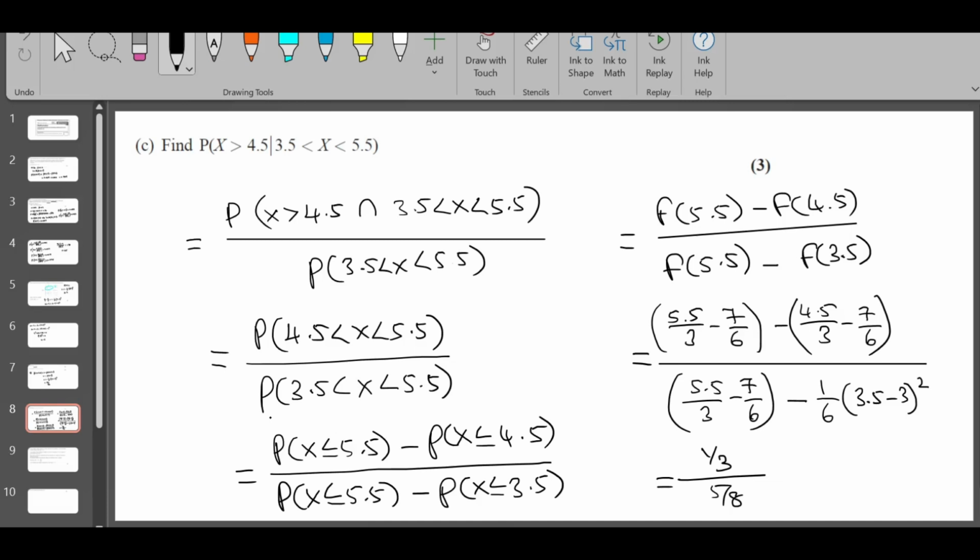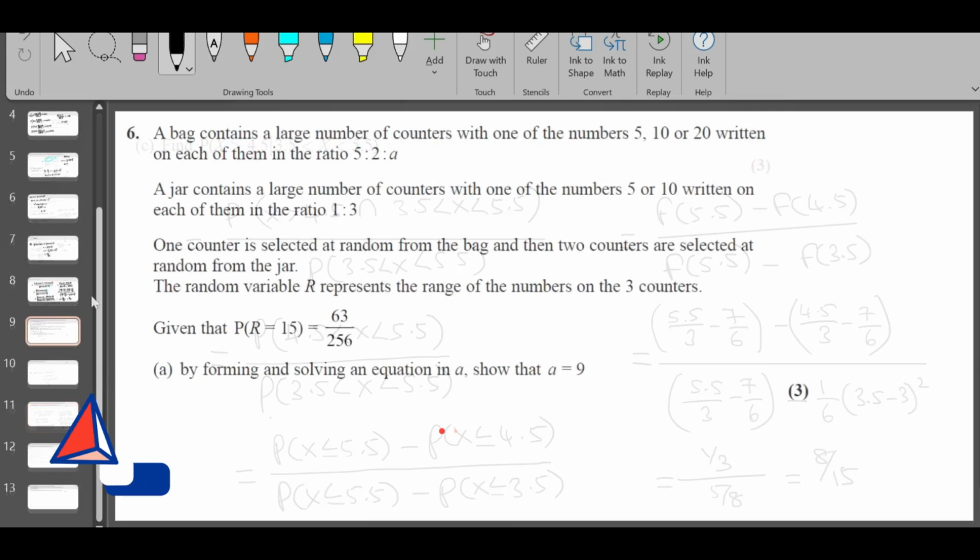You're going to get 3 will come down, 8 will go up. 8 over 15 is the answer. That's all. Question number 6 now.